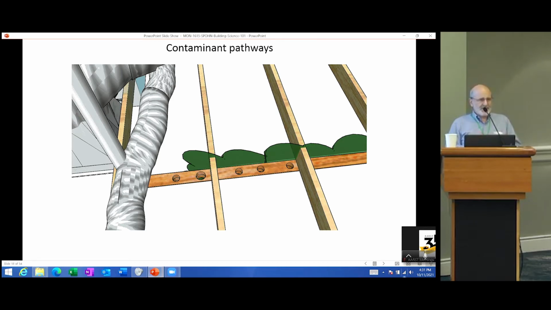Those tiny gaps may look like nothing, but they can add up. In an average size home there may be 50 to 60 sheets of drywall, and all these interfaces, if they're not sealed and lead to areas like this, can be pathways for contaminants and vapors, and also just that driving force from one place to another.